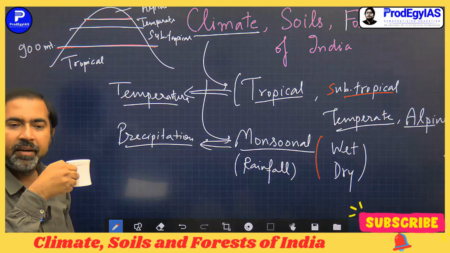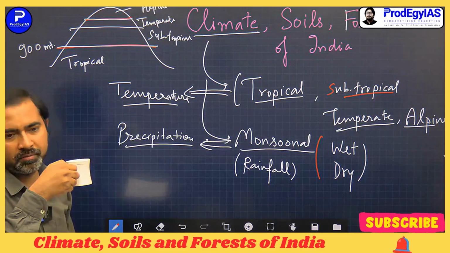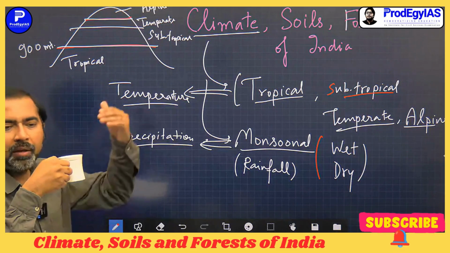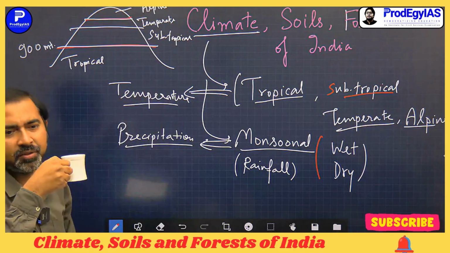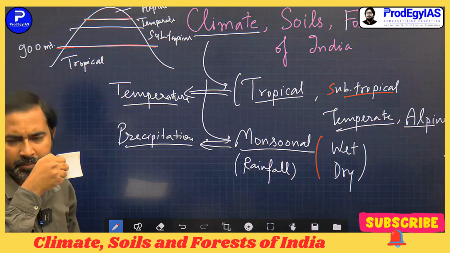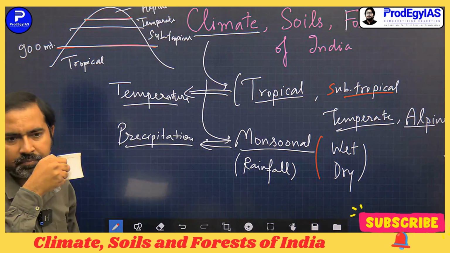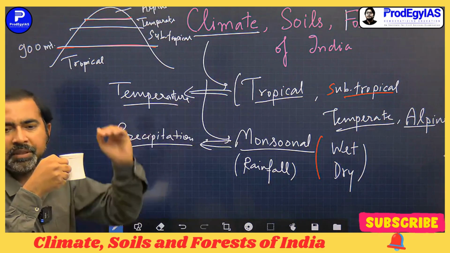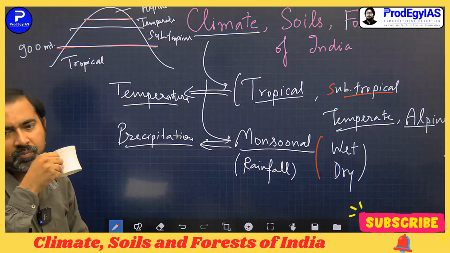Largely the Indian climatic type is tropical, but as you go higher in altitude, it will become subtropical, then temperate, then alpine. This is the sequence. That is the montane climate type, you can say. This climatic variation you can find only in mountainous, higher altitude areas, right?